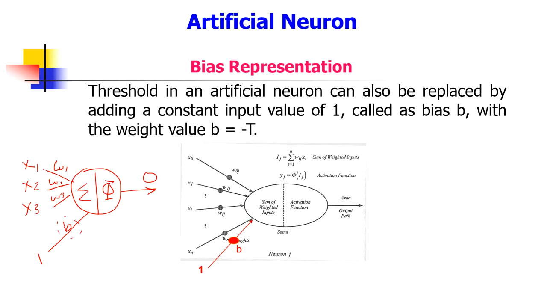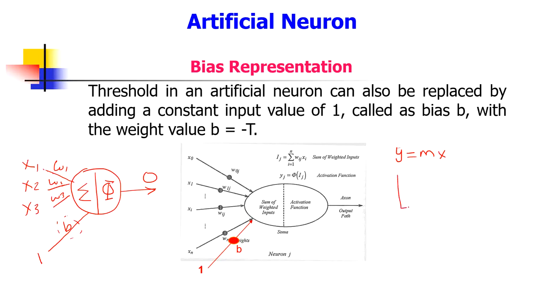So why do we put the bias? In general, the bias is useful to add more flexibility in performing the classification task. In a simple analogy, the bias will be something like this: let's say we have the equation of a line, y equals mx.